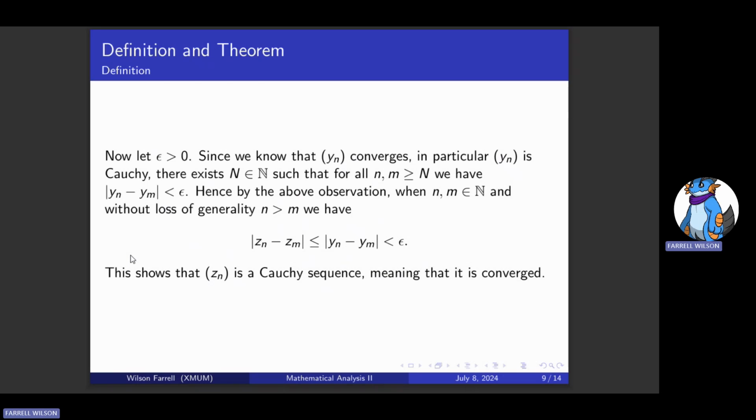That means that by the above observations, when n, m are in N and without loss of generality n is greater than m, we have zn minus zm less than or equal to yn minus ym, which is also less than epsilon. This all shows that the zn is a Cauchy sequence, and that means that the zn also converges.